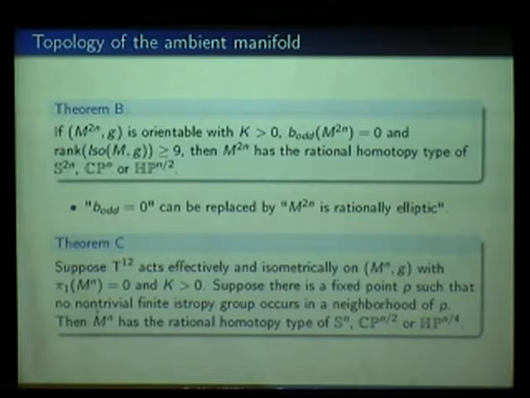So that's another way of looking at it. It's a different assumption than in Grove-Searle. It's weaker in a way, and the conclusion is also weaker, right? But it says then the manifold has the rational homotopy type of a rank 1 symmetric space.